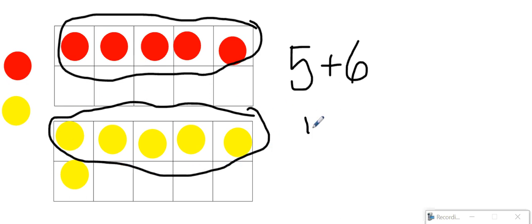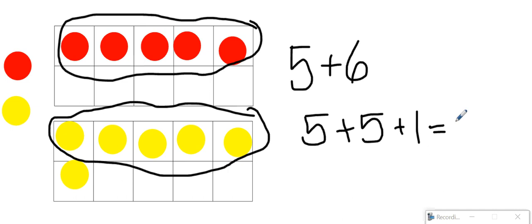So 5, the red, but I'm going to decompose the yellow into 5 and 1. And the reason I'm doing that is because I very quickly know, because I know my doubles, that 5 plus 5 is 10, and then just 1 more is 11. Very good.